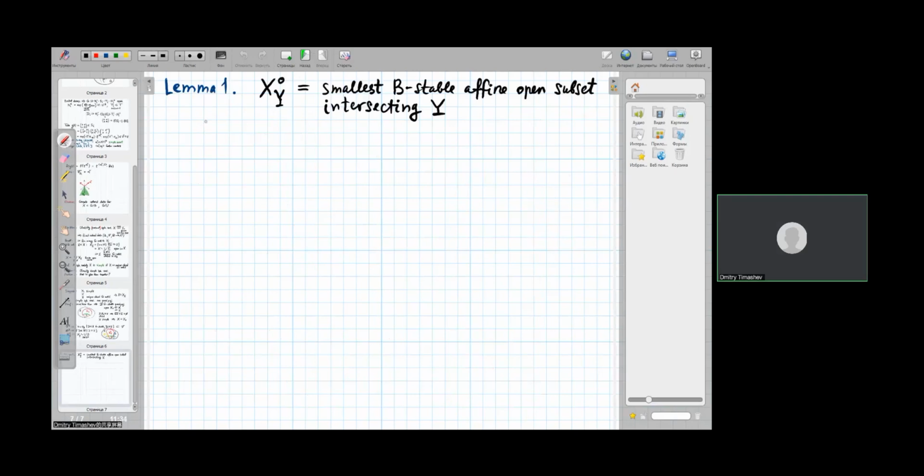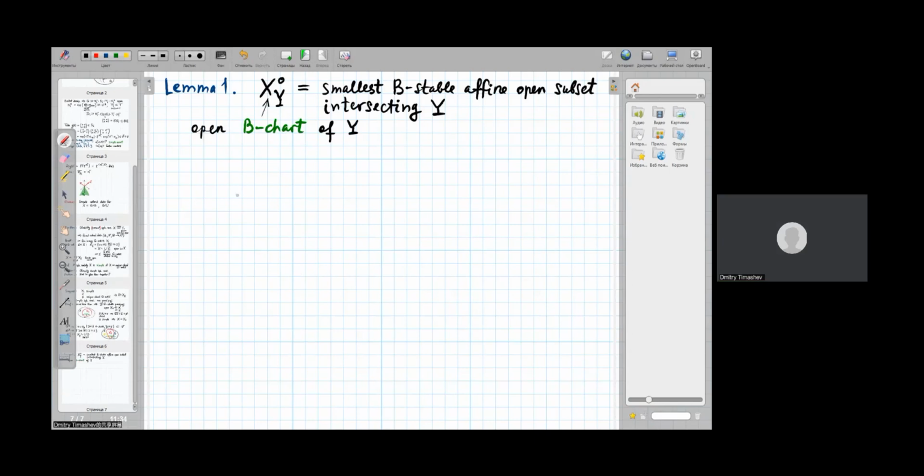By the way, sometimes this open subset is called the canonical open B-chart of X. So let me use this name in the sequel. So this is the canonical open B-chart of the orbit Y. This is the name for this open subset.